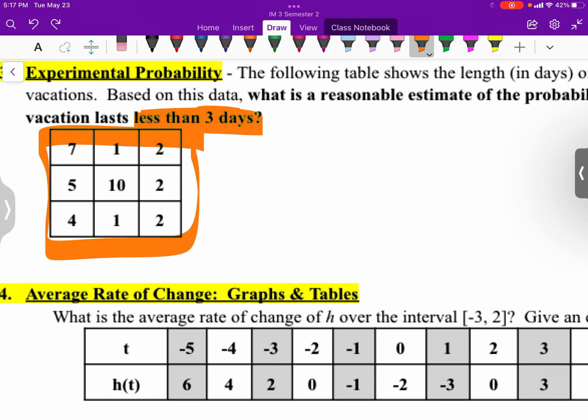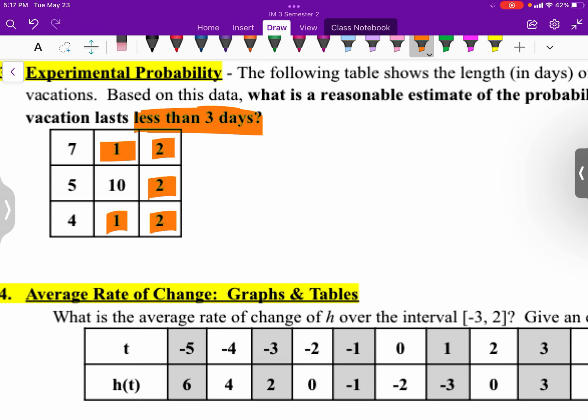All of these are days. I have 1, 2, 3, 4, and 5, and we have a total of 9. So the probability of having less than 3 days is based on 5 out of 9.